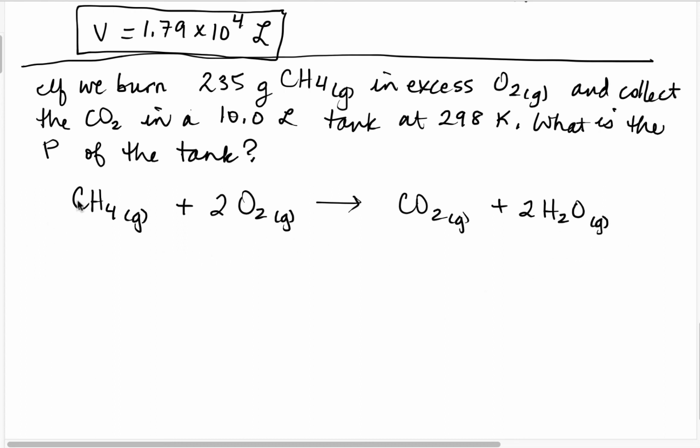So our next step is to identify A and B. I can see that I know about my methane, so that must be my A. And then I am asking about my carbon dioxide, so that must be my B. So I'm going from grams of A, and I want the pressure of B.